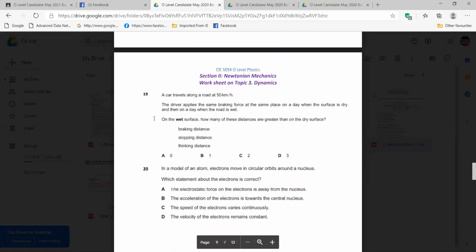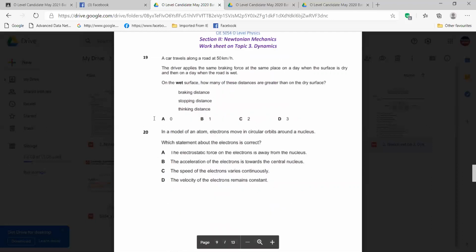19. They are talking about weight surface, right? So I think it's C too. So braking distance and stopping distance here. Yes, correct.